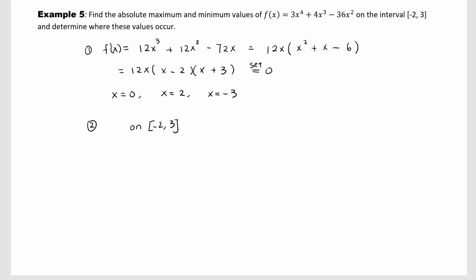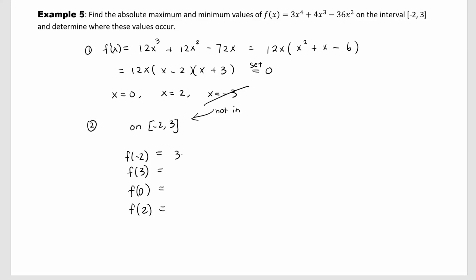Sometimes we might have a lot of critical points, but because we're only looking at the interval from -2 to 3, this one is not in there, so we don't consider that one. So we evaluate f at the endpoints, -2 and 3. The critical points in the interval are 0 and 2. So plug these into the function.